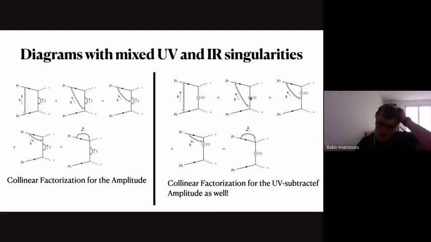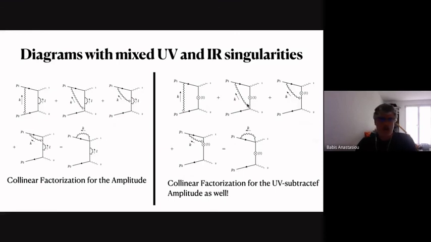So not only you want the amplitude to satisfy the Ward identities, but you also want the counterterm diagrams to satisfy the Ward identities for these mixed UV plus collinear regions. So we made sure that our counterterms respect our Ward identities, and we found a good method in order to achieve that.